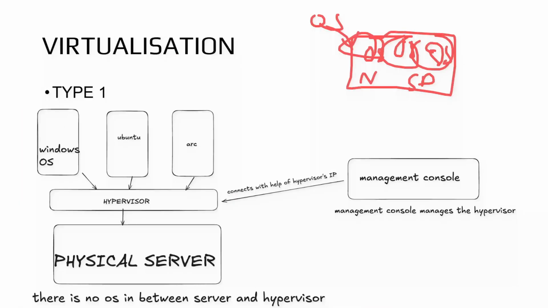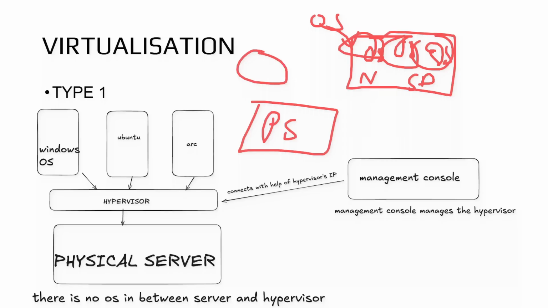So now what we are going to do is, we have this physical server, and then we split this operating system out of the physical server. By doing so, now it is not bound to have one operating system.